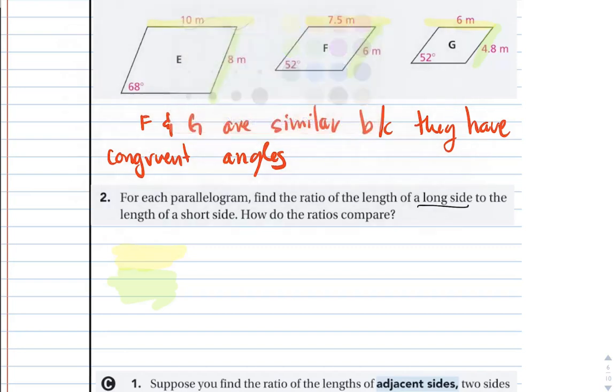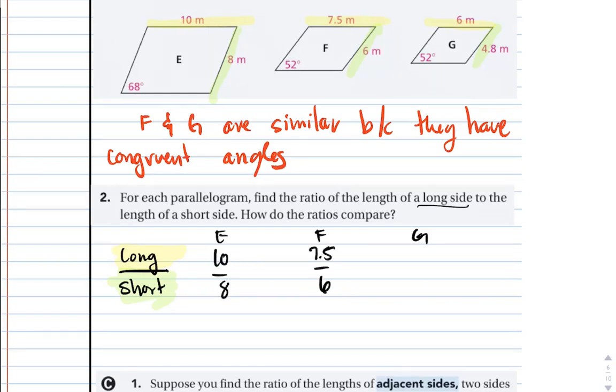Okay, so long side is, I'll label this as long, I'll label this as short. Here's E, F, and then G. E is 10 over 8. F is 7.5 over 6. This is 6 over 4.8.